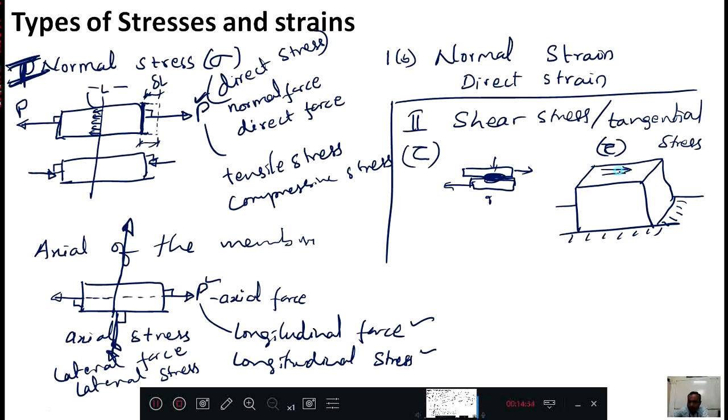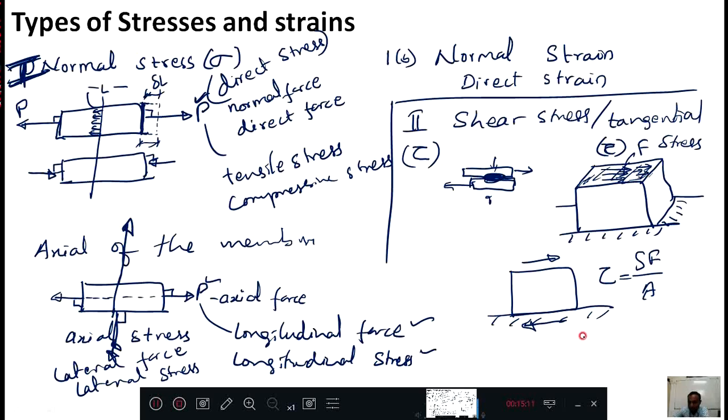On the surface I apply some force that is tangential to the surface, and this force may be F. When I apply such a force, the body will initially resist it, and inside, some stress will develop. That stress is the shear force divided by the area, the area where that shear force is acting, the tangential area. Therefore, this is called tau, or shear stress.